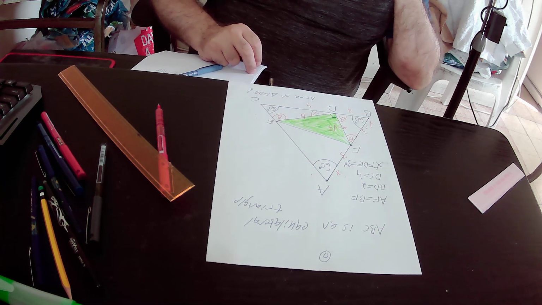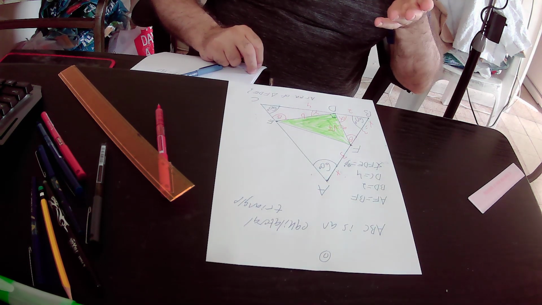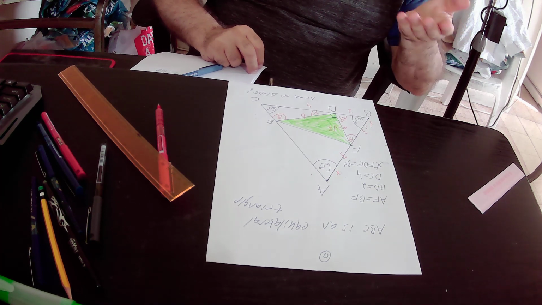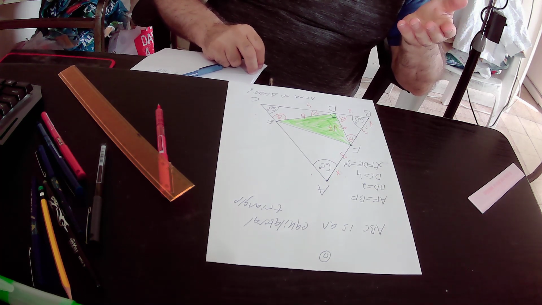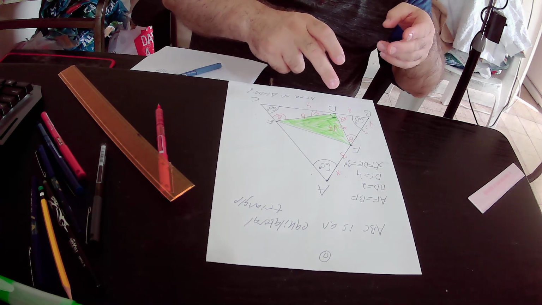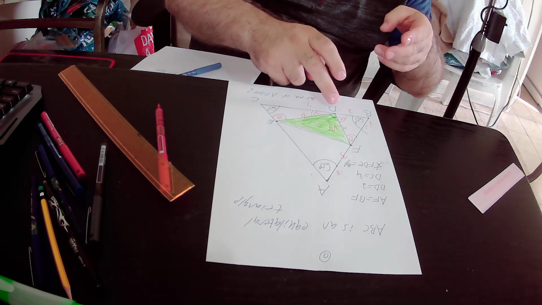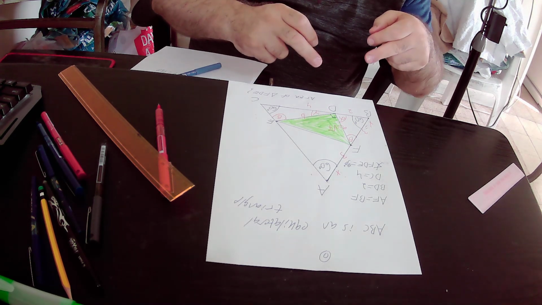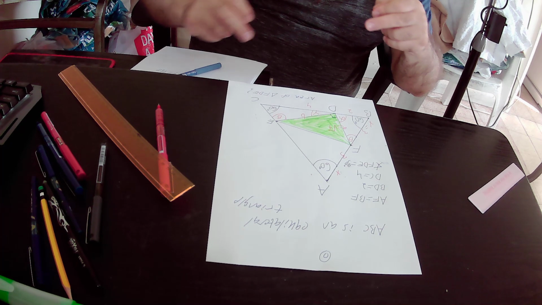So the sum of the angles around the point is 360 degrees, and the sum of the angles in the upper side of the straight line is 180 degrees, and also the sum of the angles in the lower side equals 180 degrees.